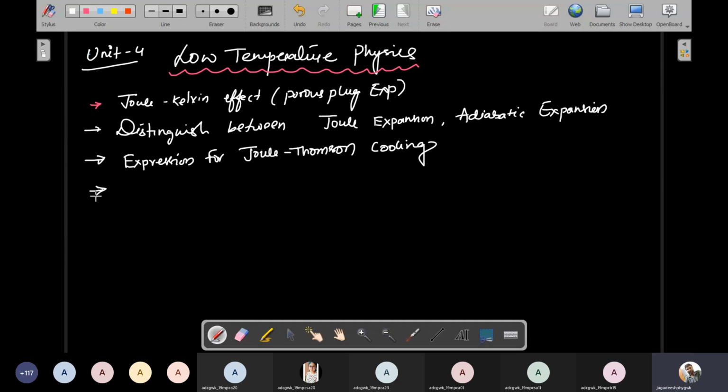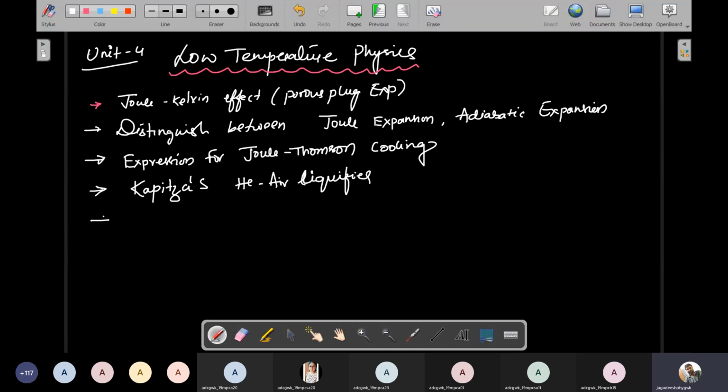The fourth topic is Kapitza's helium liquefier.